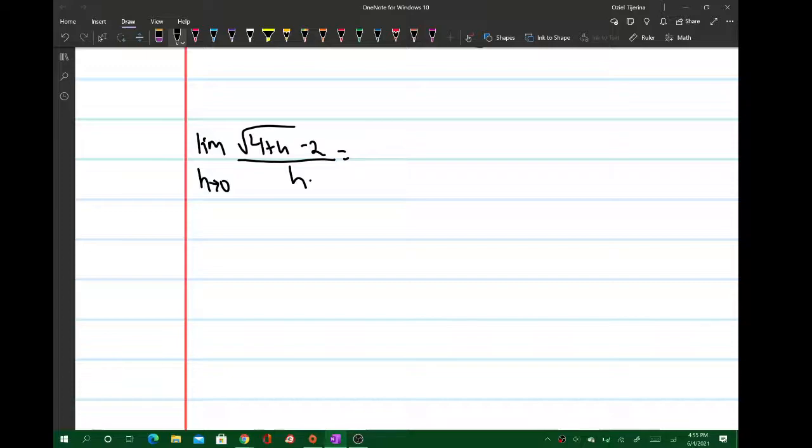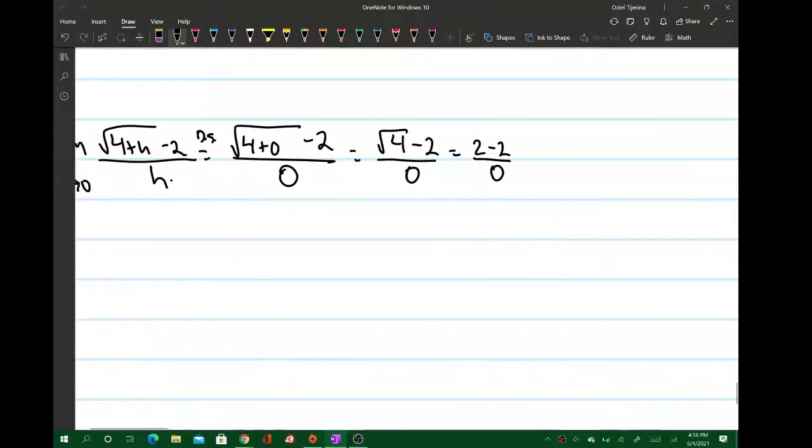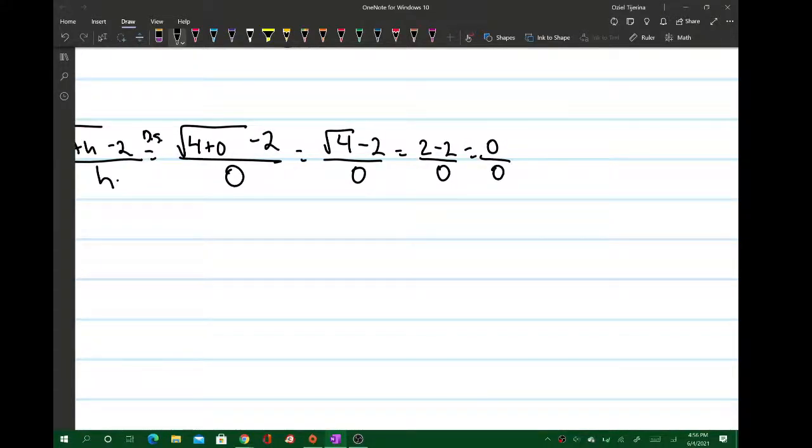Again, you can do direct substitution. The square root of 4 plus 0 minus 2 over 0. This gives us the square root of 4 minus 2 over 0, which is equal to 2 minus 2 over 0, which is equal to 0 over 0, which is oh no, right?